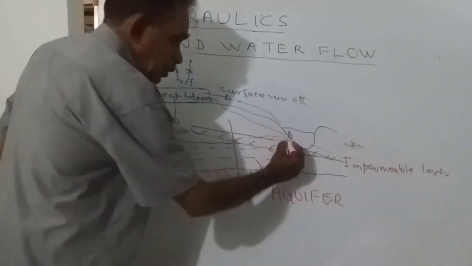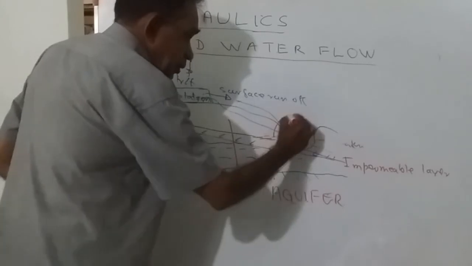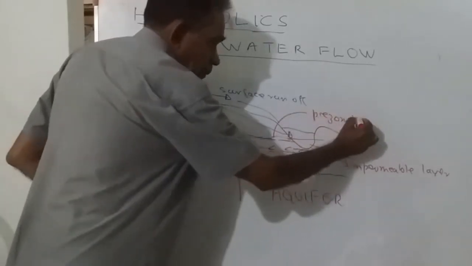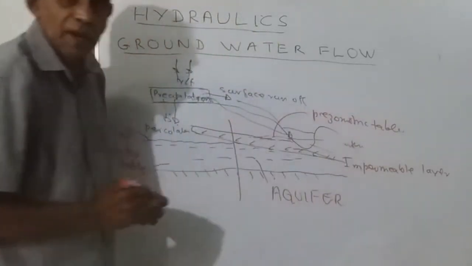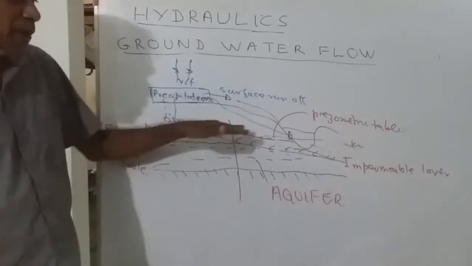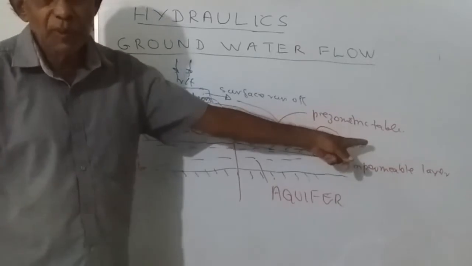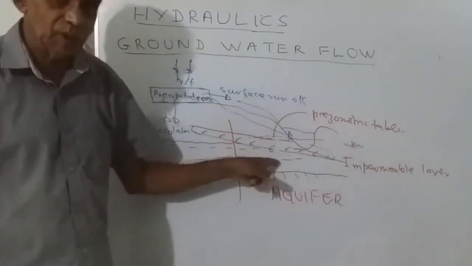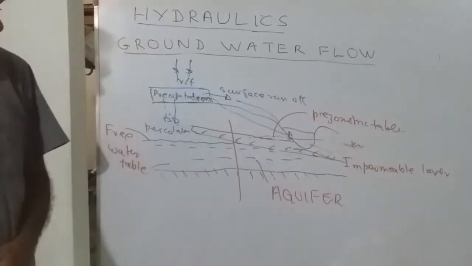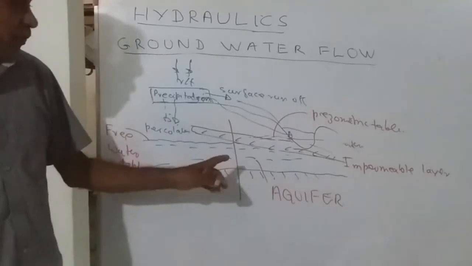And this pressure level is known as the piezometric table. That imaginary surface at that level is known as the piezometric table, which shows the pressure of this particular water. So as a result, now we have two types of aquifers.